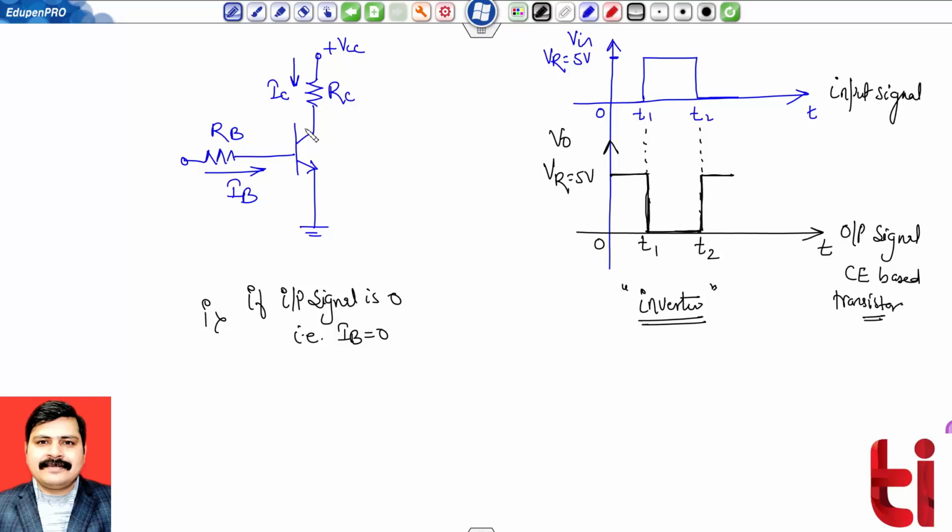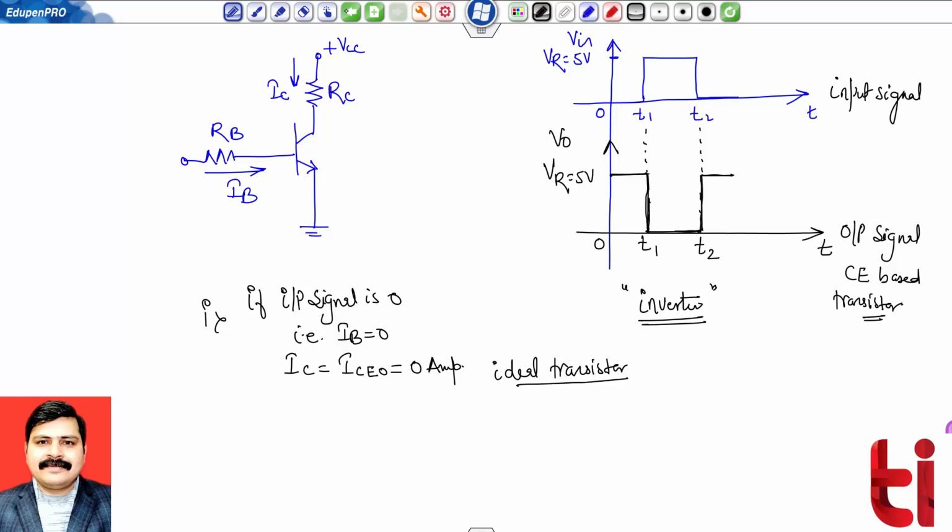The current that can flow is the reverse saturation current. That means the value of output current IC will be equal to ICEO. Practically we will have this current, but here we have assumed that ICEO is 0 ampere for an ideal transistor.